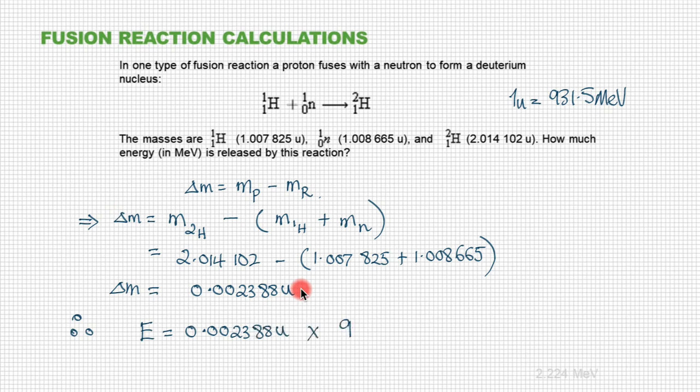We apply our conversion factor, and we can say that a single fusion reaction, that is taking one hydrogen nucleus and bringing the neutron close enough so the strong nuclear force kicks in and binds them to produce one deuterium nucleus, will release 2.2 mega electron volts.